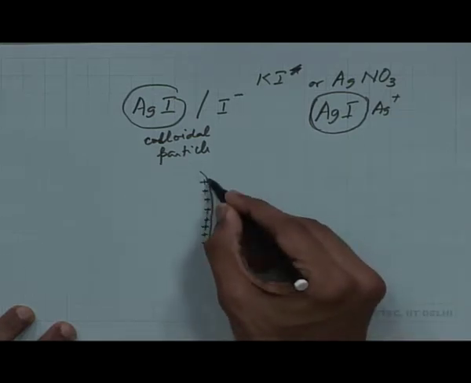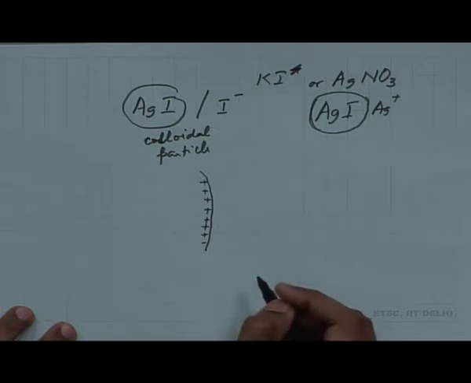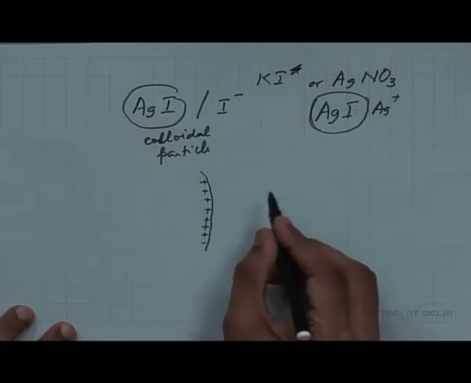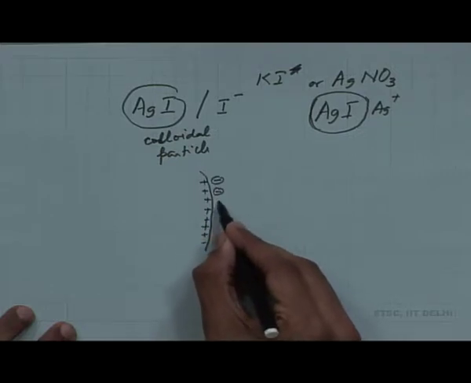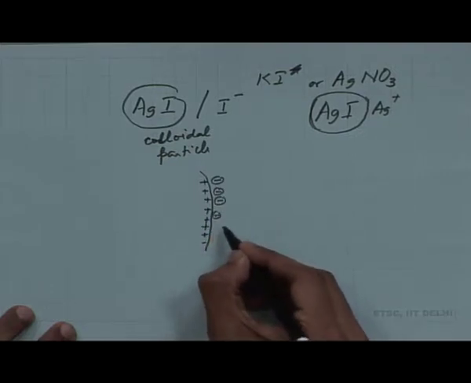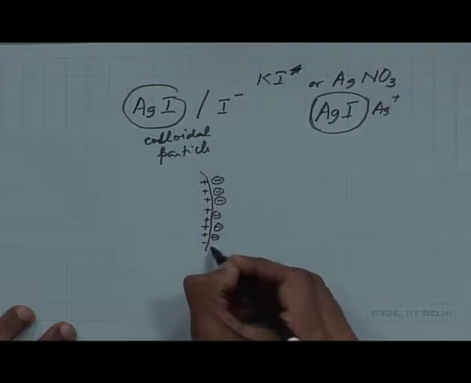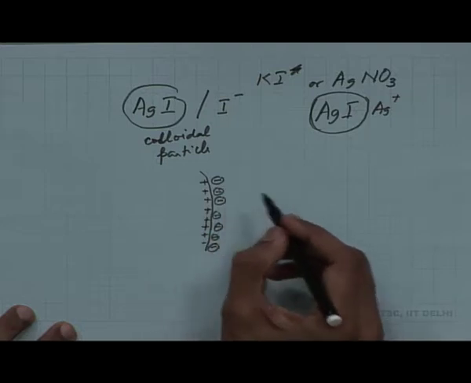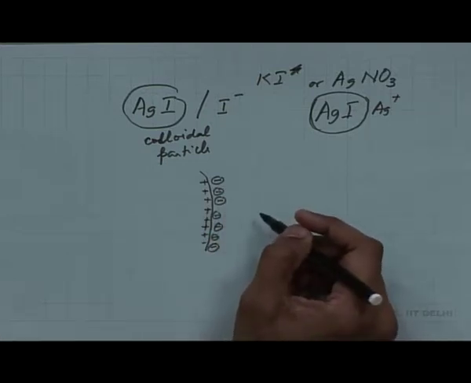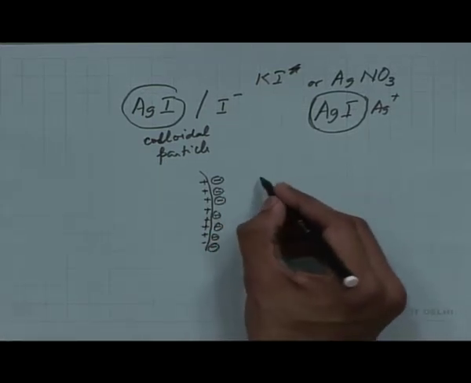And when you have a positively charged species like this and it is present in a solvent, naturally you are going to have compensation of this positive charge by the presence of these negative charges. And this is something that was appreciated some time ago, and this is called a double layer.